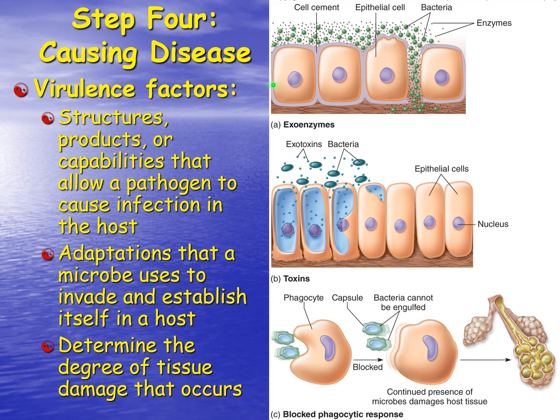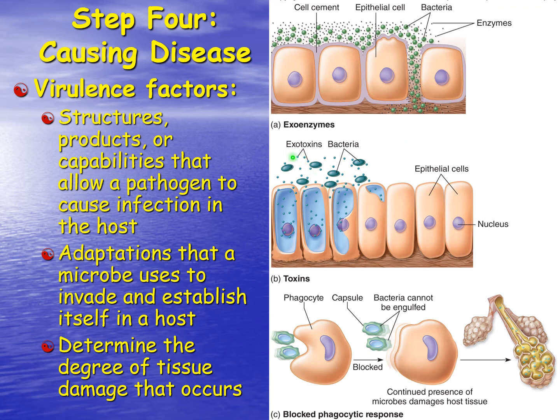I said the skin is actually a very tight barrier that will not allow many things through it. But some bacteria will produce enzymes that will break down the intracellular structure of epithelial cells and allow a way for the bacteria to get into the underlying tissue. These are known as exoenzymes.